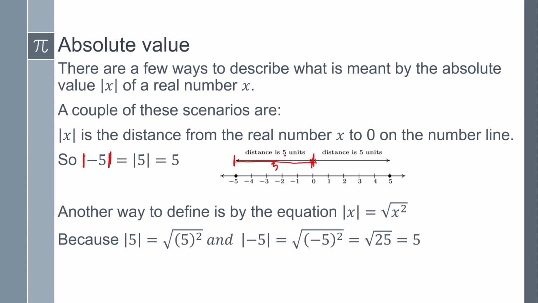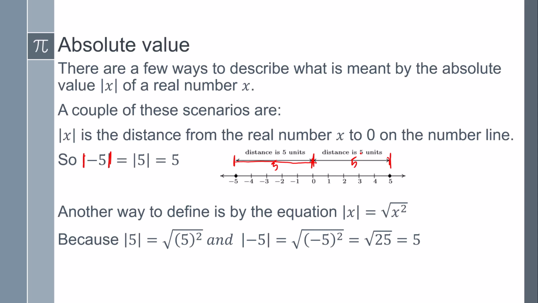Well, that's 5. Or if I said the absolute value of +5, what's the distance from 0 to +5? That's 5. That is one of the reasons why anything inside of an absolute value becomes positive, because we're looking for the distance, not some subjective direction in the negative or in the positive.